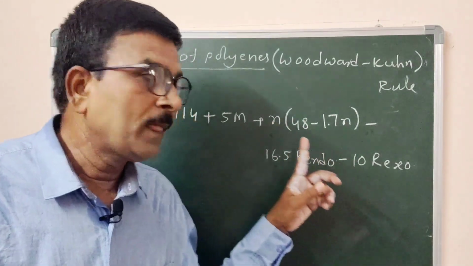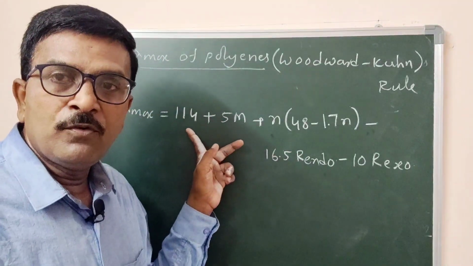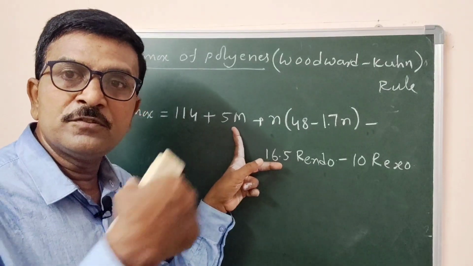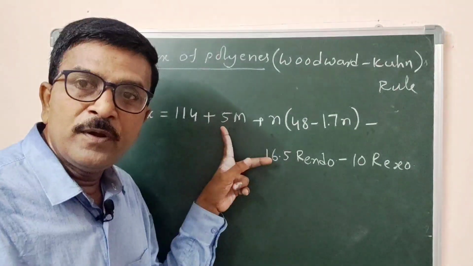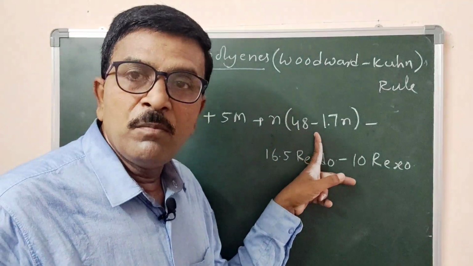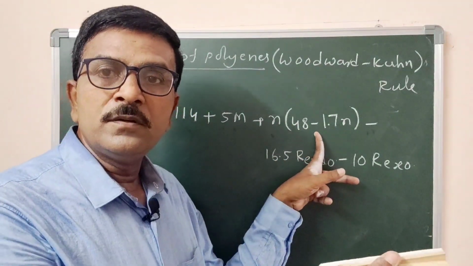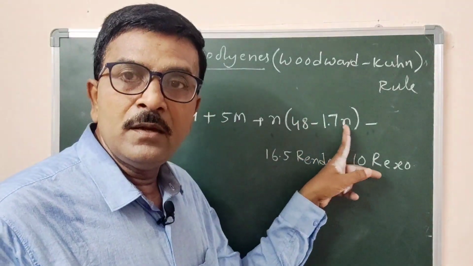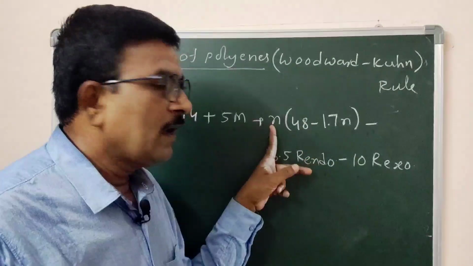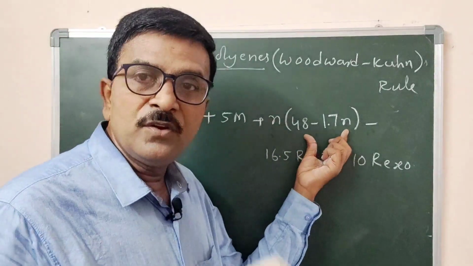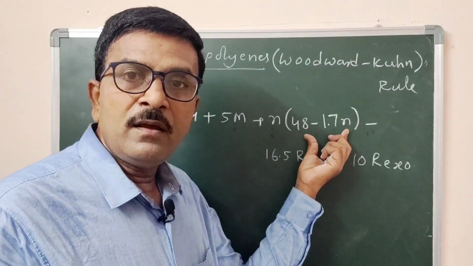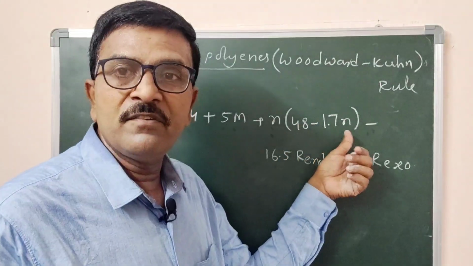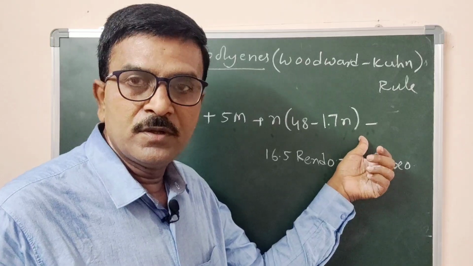Are you following? Basic value is 114. Alkyl groups shift towards bathochromic by 5 nanometer. Every conjugated double bond shifts absorption maxima towards bathochromic by 48 minus 1.7 into number of conjugated double bonds.